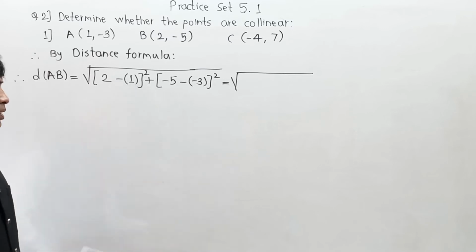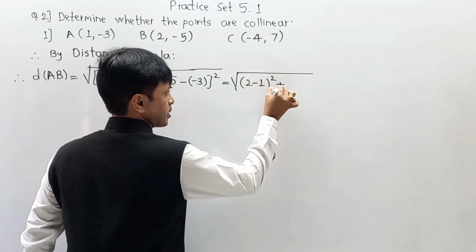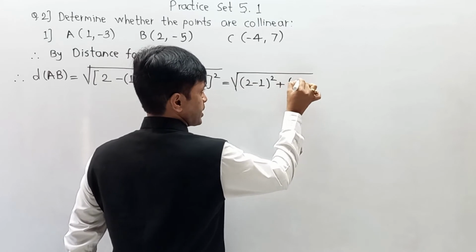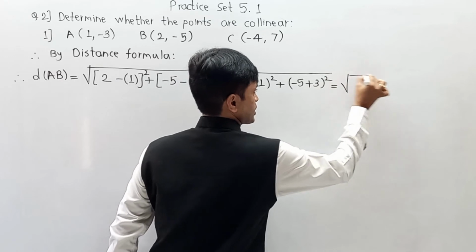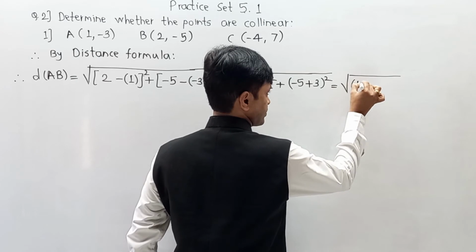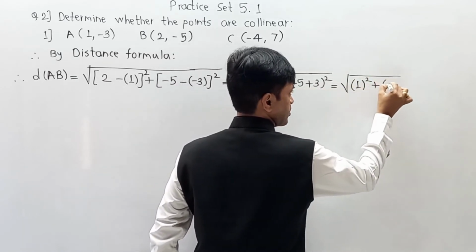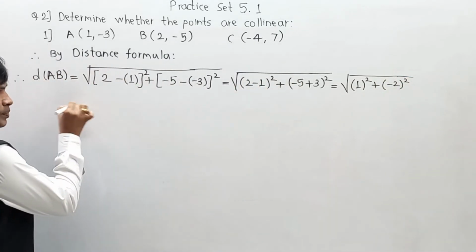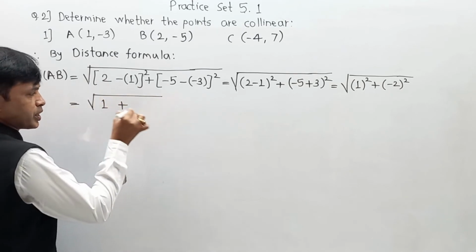So (2 minus 1) squared plus (-5 minus of minus 3, so -5 plus 3) squared. Now for evaluation, 2 minus 1 means 1 squared, plus -5 plus 3 means (-2) squared. Now the simplification becomes: 1 squared is 1 and (-2) squared is plus 4.